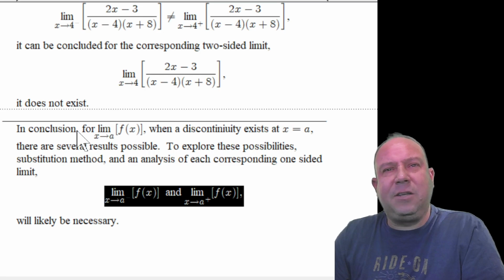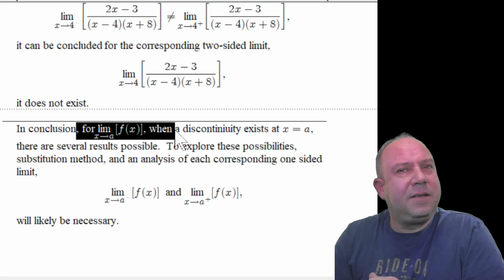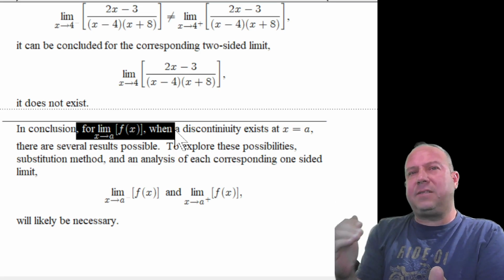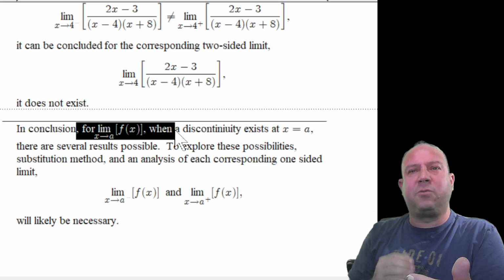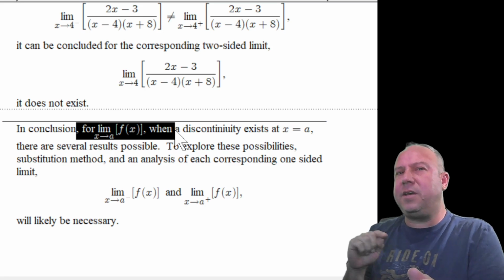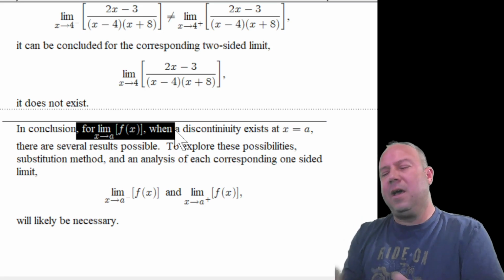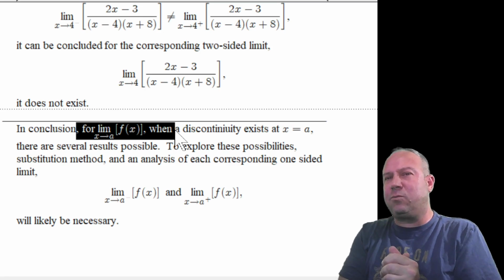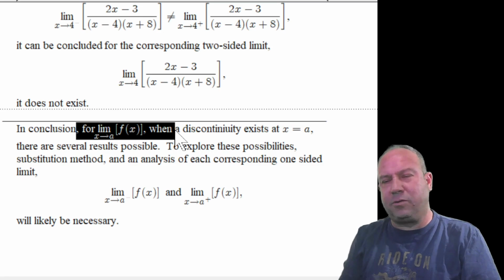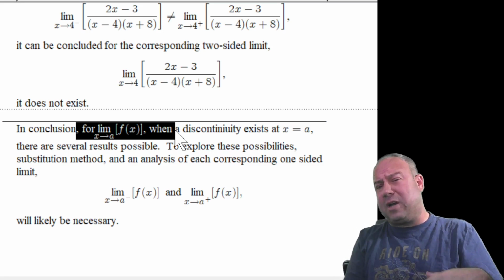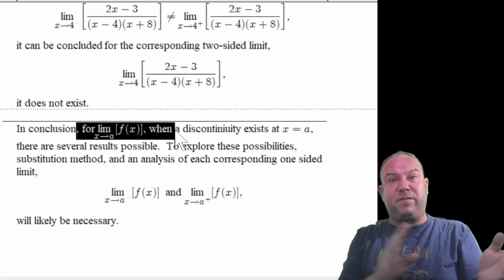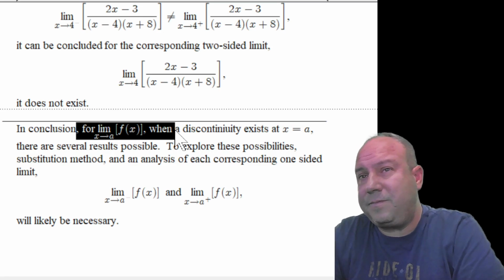When a discontinuity exists in this limit at the value of x equal to a, we saw it in the piecewise case and we see it in these non-piecewise cases. You're going to want to pay attention to continuity. Piecewise cases present cases where you have discontinuities, and then oftentimes rational functions will produce those cases, as well as even radicals, logarithmic, and trigonometric functions.